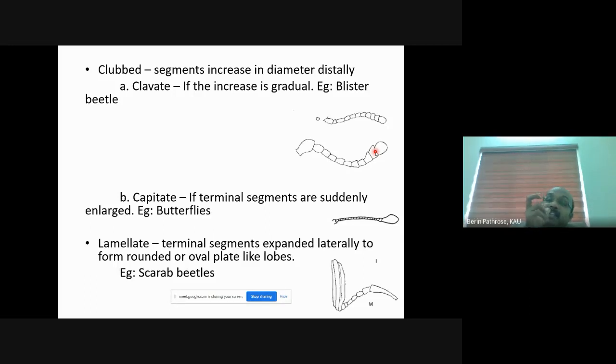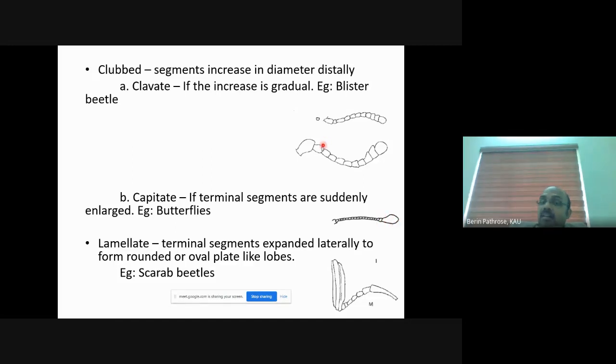Blister beetle is a large beetle which is black and red in color. This is also common in our area. The next one is the usual modification in butterflies. If you catch hold of a butterfly and observe its antenna, you can see that the terminal segments of the antenna are enlarged abruptly.